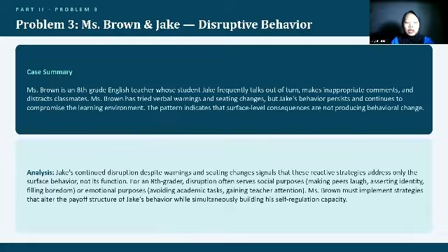For 8th graders, disruption often serves social purposes, such as gaining peer approval, asserting identity, or hiding boredom, or emotional purposes, such as avoiding academic tasks or gaining teacher attention. Miss Brown must implement strategies that alter the payoff structure of Jack's behavior while simultaneously building his self-regulation capacity.